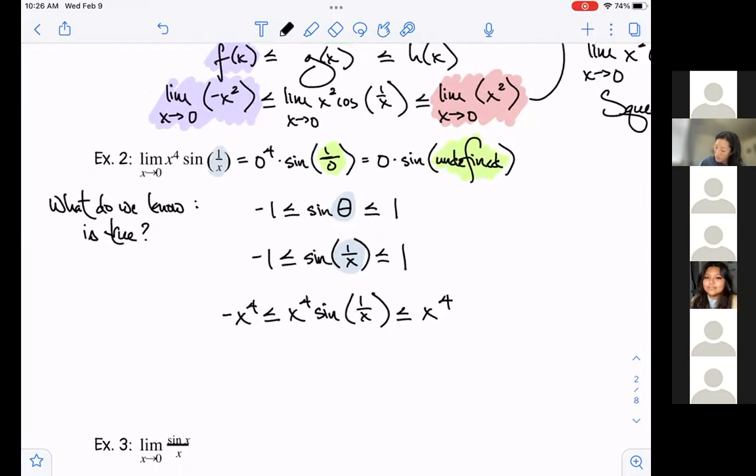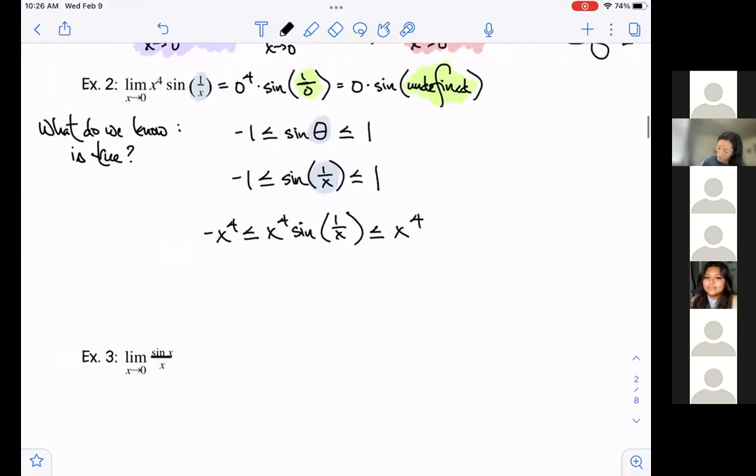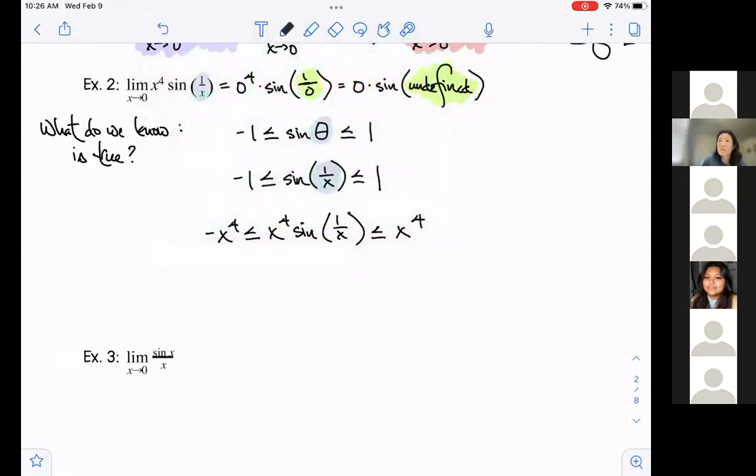All right, what comes next? Before we substitute, isn't there an issue with negative x to the 4th?